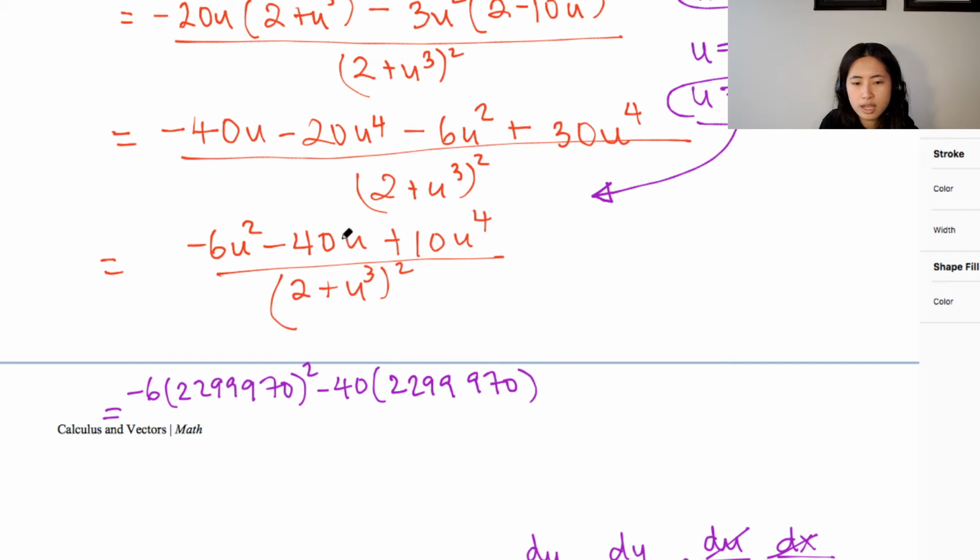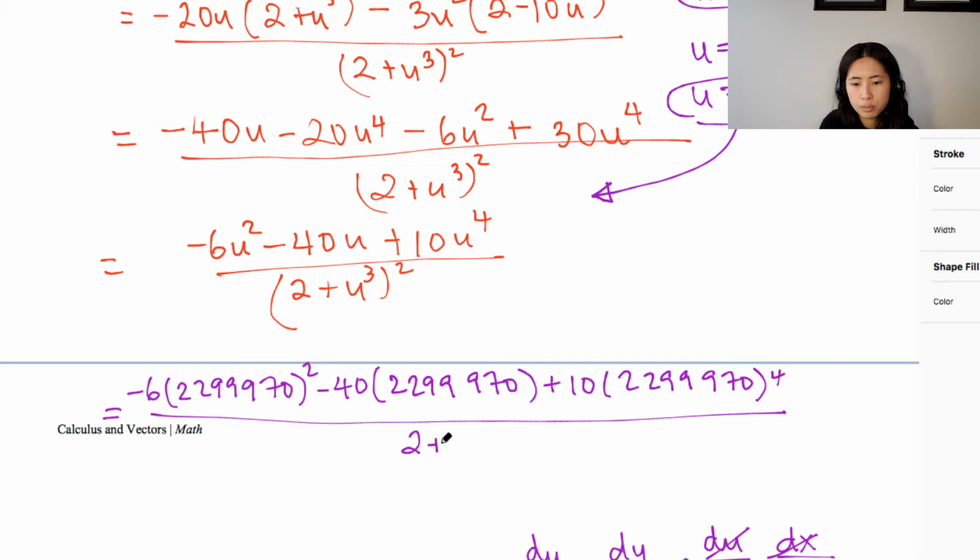So -40 times u plus 10 u, so 2299, and this is 970 raised to the power of 4 over, this is now going to be 2 plus 2299, 970 cubed, and then you're squaring that, right? So when you plug this into your calculator, you should be getting about 1.890 times 10 to the -12, right?